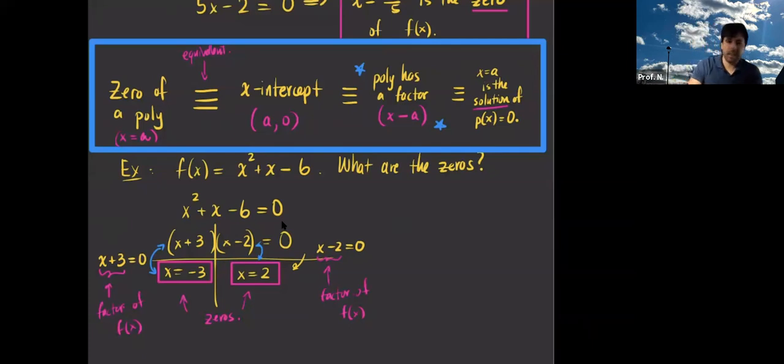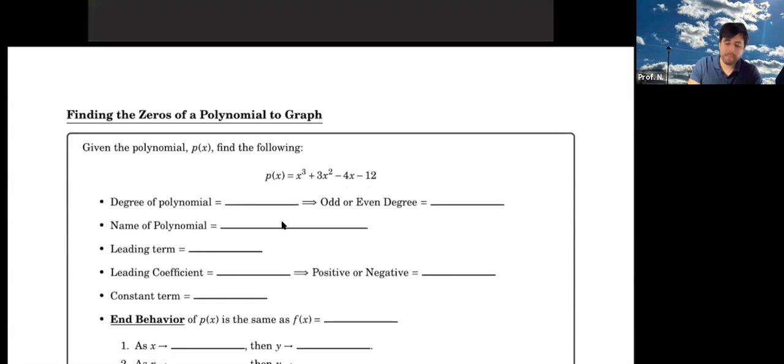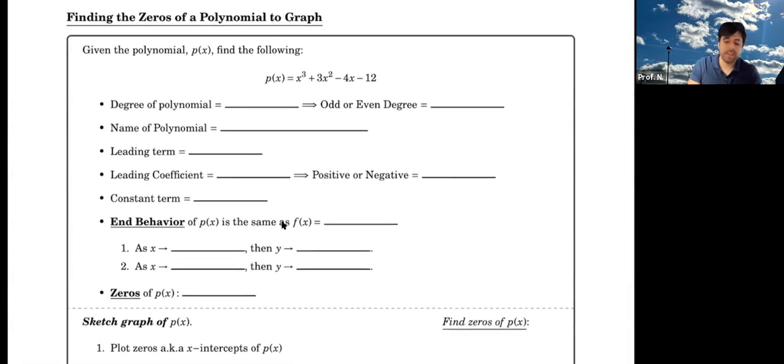If we know this, let's look at the next page. So now it's finding the zeros. We're tagging along more things and accumulating them as we go. The beginning part is hopefully very straightforward, right? The degree of the polynomial is 3.